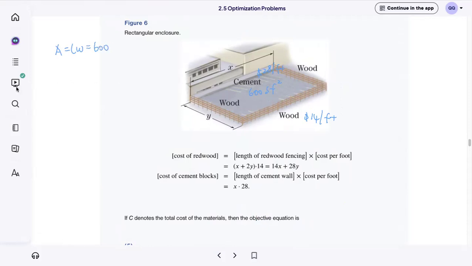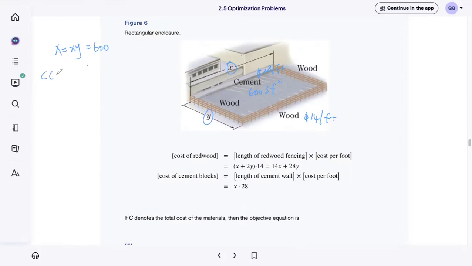Okay, the textbook calls them X and Y. Let's use X and Y. We know X times Y is 600. Then the cost function, let's make the cost function.